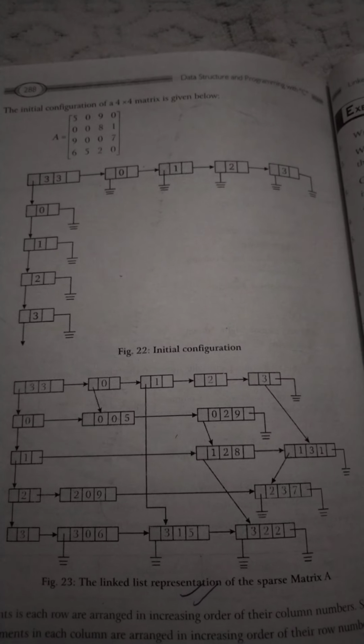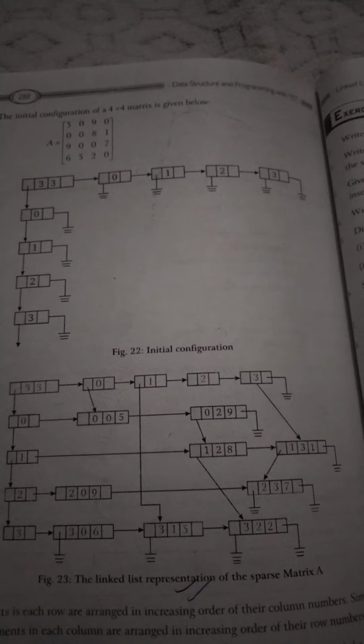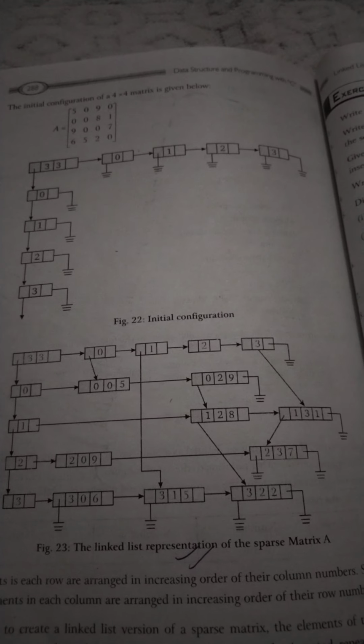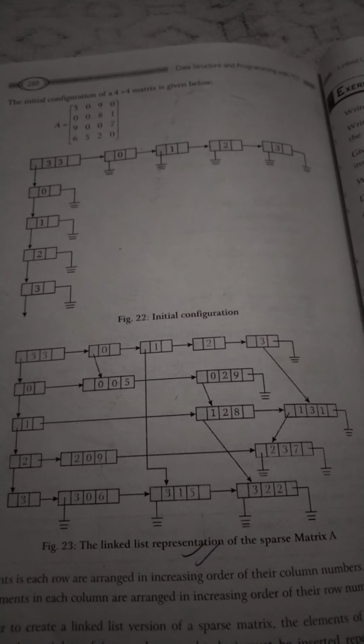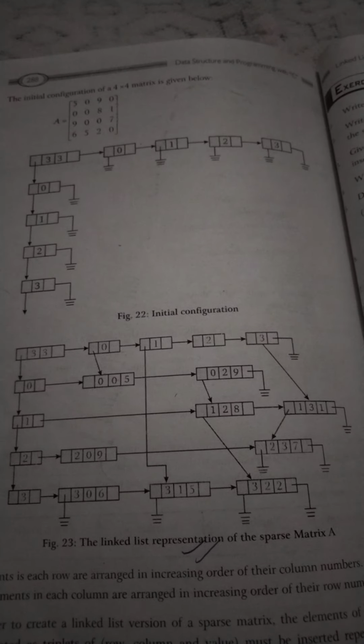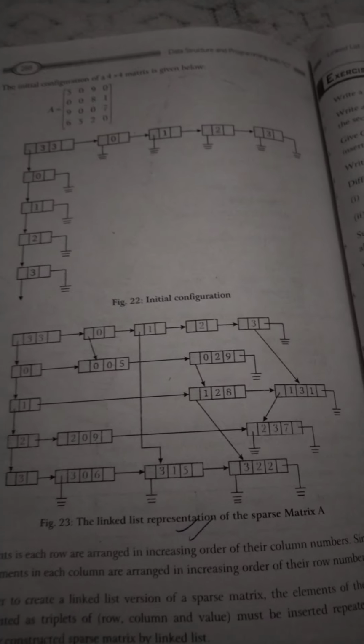If I talk about the first pointer, it is saying 0 0 5, so this is pointing to this 3 1 5. This is how it should be represented.